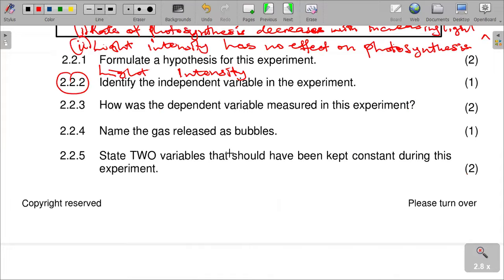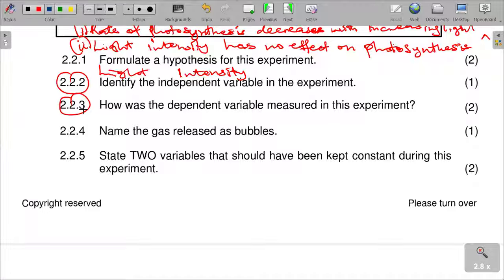2.2.3, how was the dependent variable measured in this experiment? Question 2.1.3, how was it measured? The dependent variable in the experiment was measured by counting the number of bubbles released per minute.